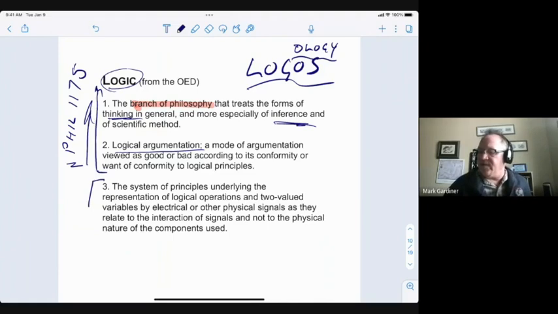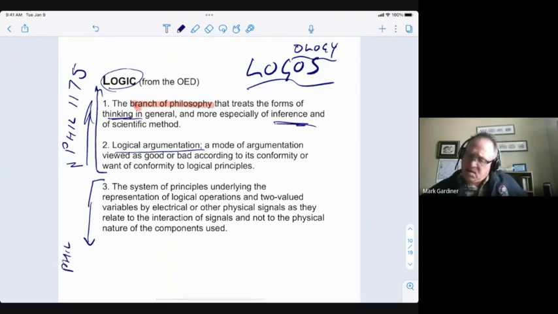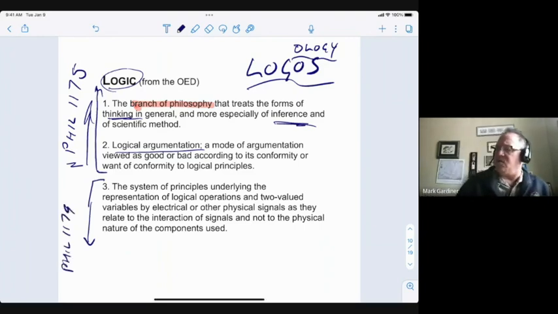The focus in 1179, so we'll put that down here, is more this third sense, which is a system of principles underlying the representation of logical operations and two valued variables by electrical and other physical signals as they relate to the interaction of signals.